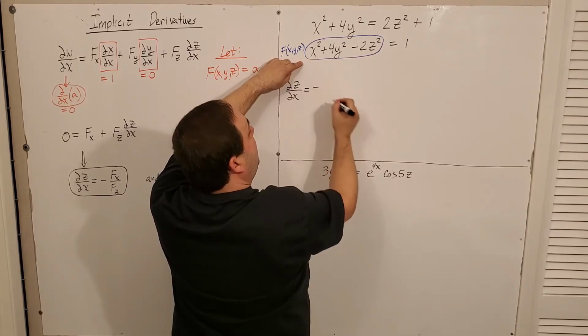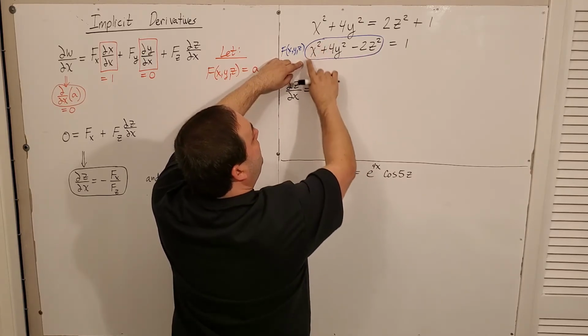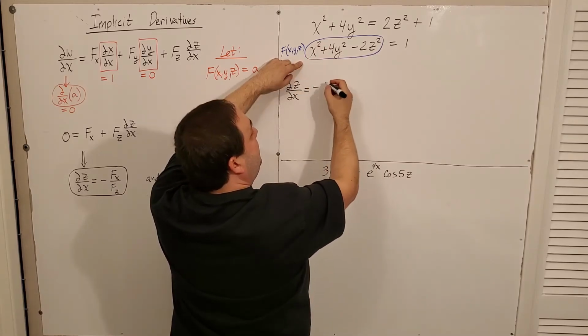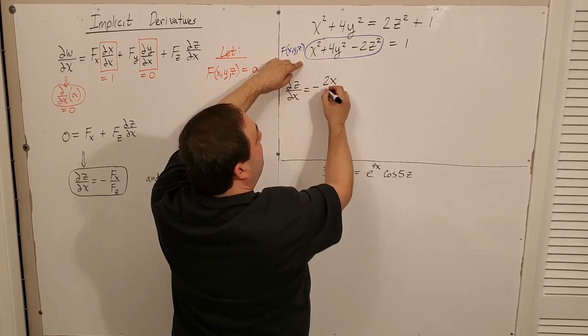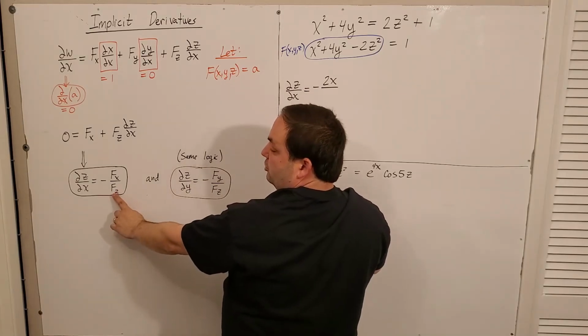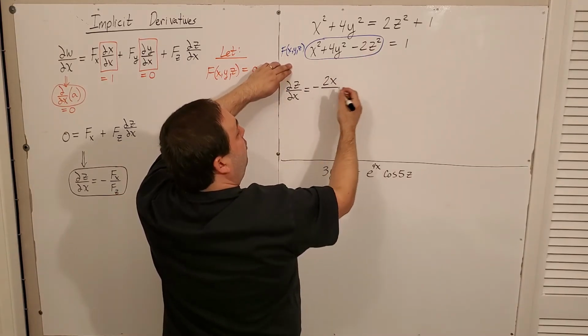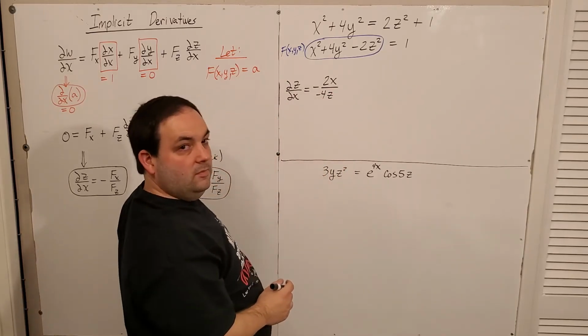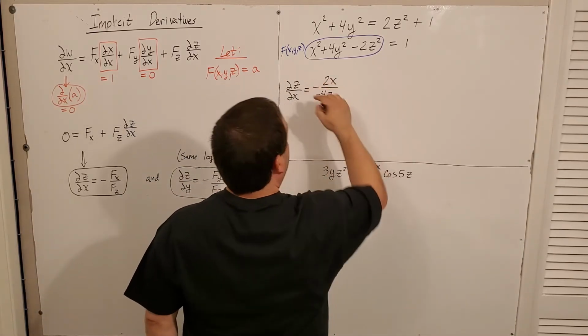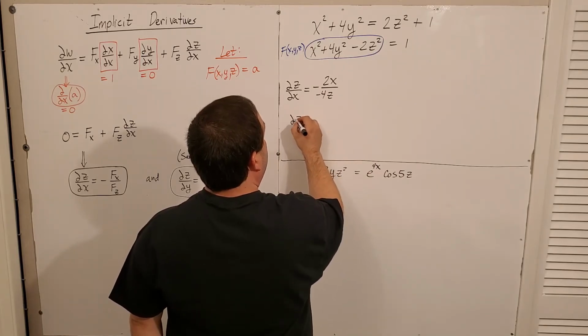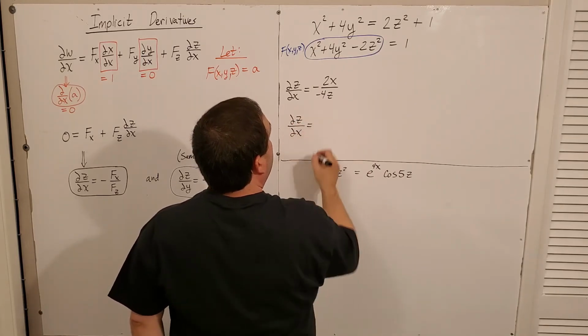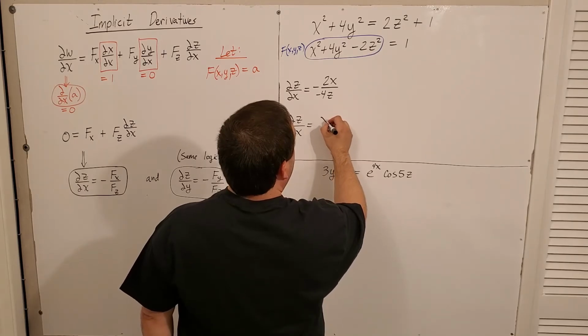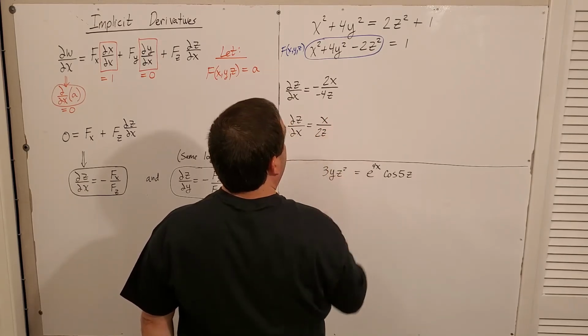I'm going to do the negative partial with respect to x, which in this case is just 2x, divided by the partial with respect to z, which in this case is negative 4z, right? I can reduce, of course. Partial of z with respect to x is then just going to be x over 2z.